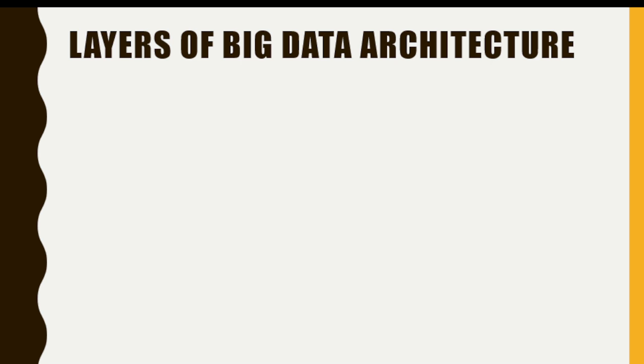But generally, it includes the data source layer. This layer includes all sources of data, like social media, mobile devices, and sensors. The data is often collected in a raw form and requires pre-processing before it can be used.